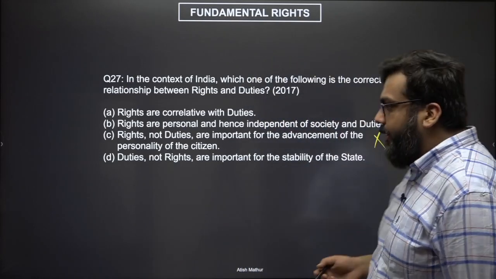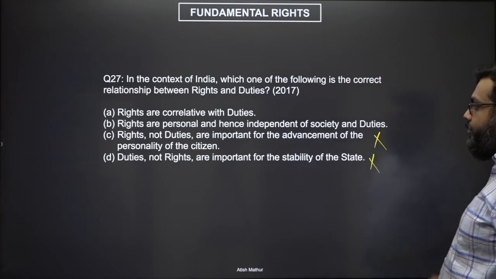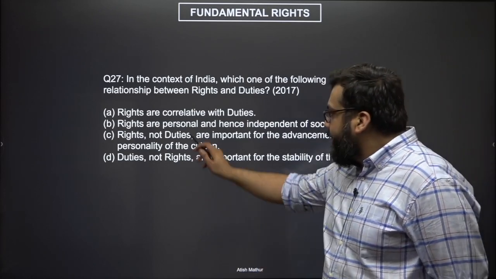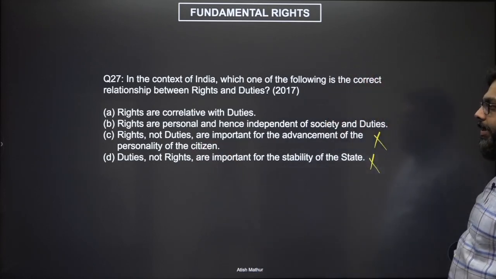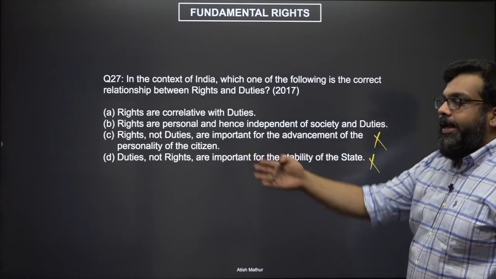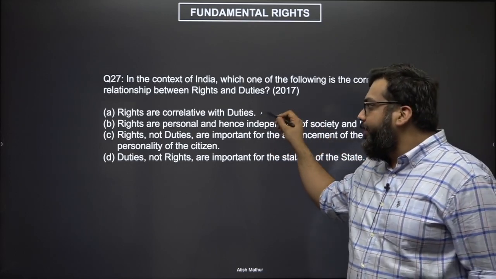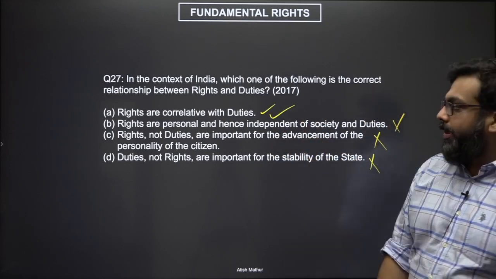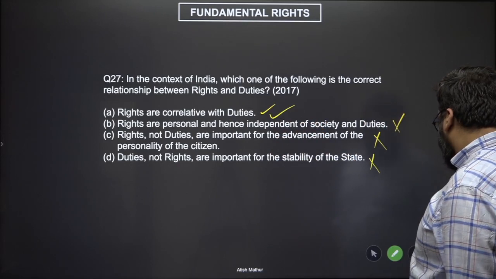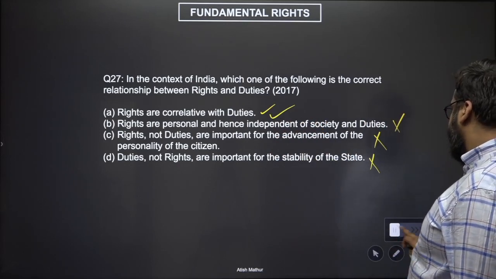That is actually incorrect. You require fundamental rights to stabilize the state. Rights are personal and independent of society and duties? No, because rights exist in a social context. Rights are correlative with duties. We've done this before. Absolutely. The correct answer is A.